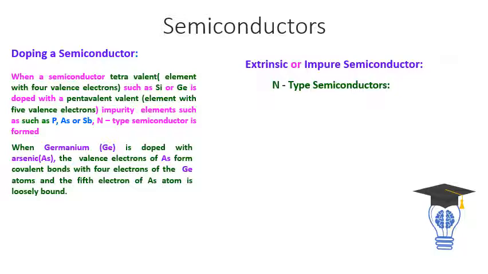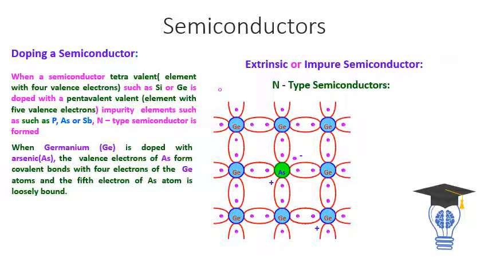With arsenic, the covalent bonds form. Like in this diagram you can see germanium which contains 4 valence electrons and arsenic which contains 5 valence electrons make a covalent bond, where arsenic's 4 electrons get bonded with germanium and 1 valence electron gets free.